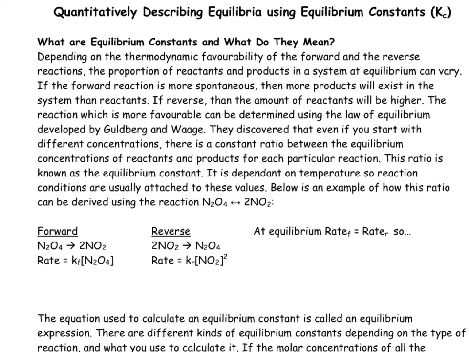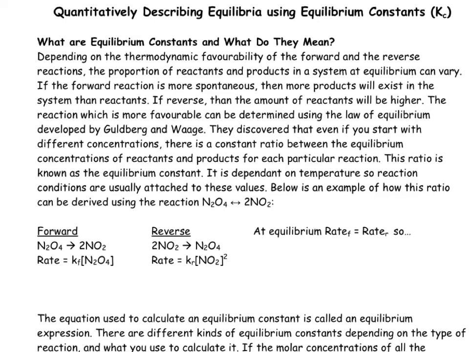The reaction which is more favorable can be determined using the law of equilibrium developed by Goldberg and Waage. They discovered that even if you start with different concentrations, there is a constant ratio between the equilibrium concentrations of reactants and products for each particular reaction.